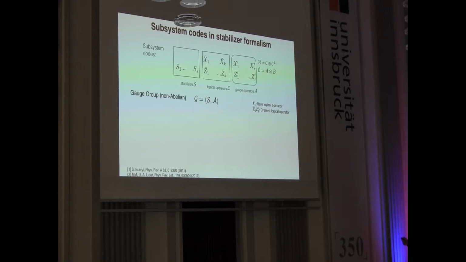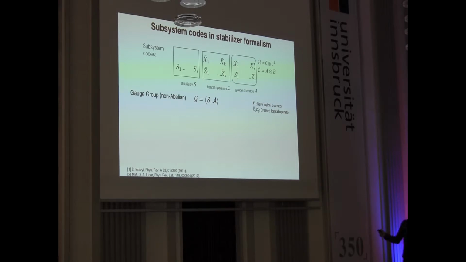X1 itself would be a bare logical operator, but X1 times any operator from here would again act like X1 here. So it is a logical operator that I want, but it doesn't commute with operators here, because it has some operator, let's say Z2 bar, from here.